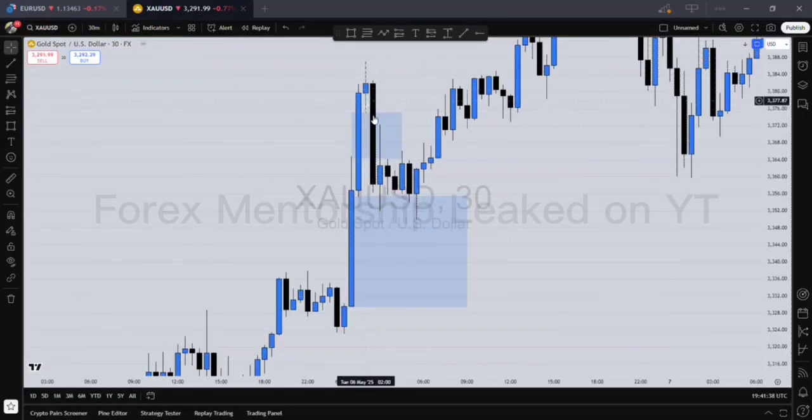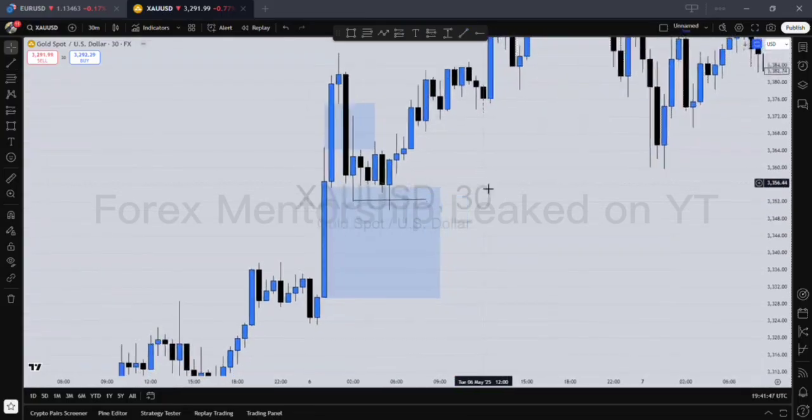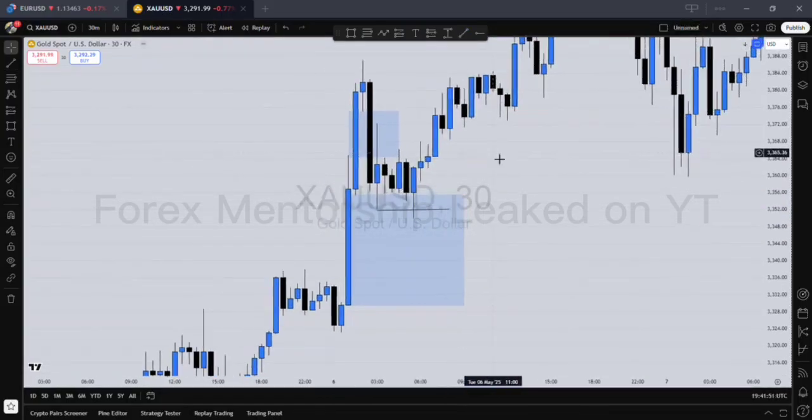So what happened? Price came all the way down to the first one, I mean to the second one, and engineered liquidity. Now, some of you will see my trade and be like, engineered liquidity plus 30-minute fair value gap. It's not by limit order, it's by market execution. I've identified the fair value gap.